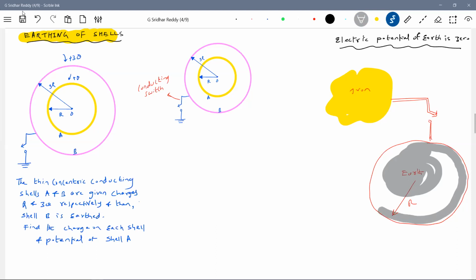Now the iron body is there. It's a conductor, no? Iron is a conductor. The Earth is the reference for us. It's like an electric sink, you can call it, having 0 potential.